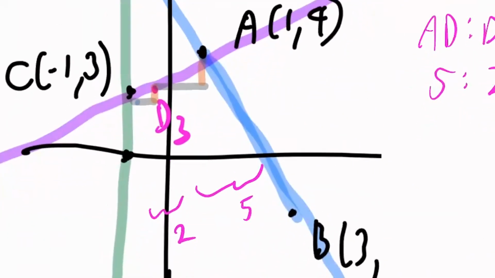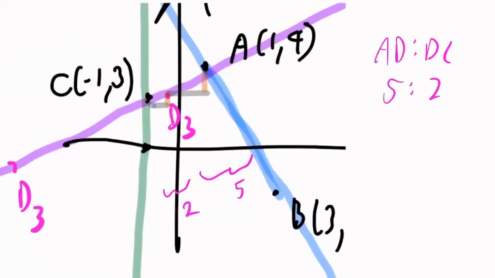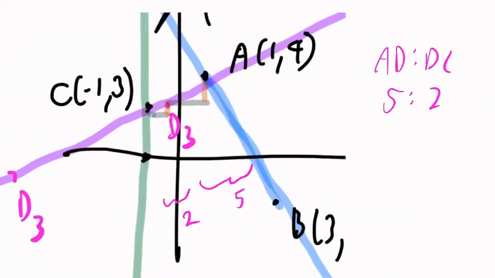Then from there you can slowly work it out. Let's do it together. If it was at D3, this means the distance here will be what? 3 to 4. That's 1 unit. So that's one unit representing 5 units. Does it make sense? I just call it cm.